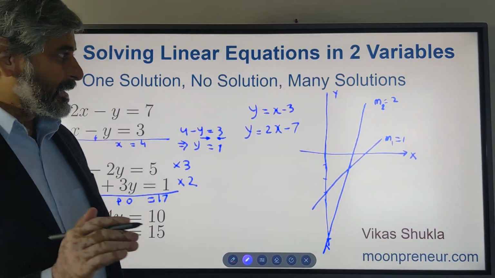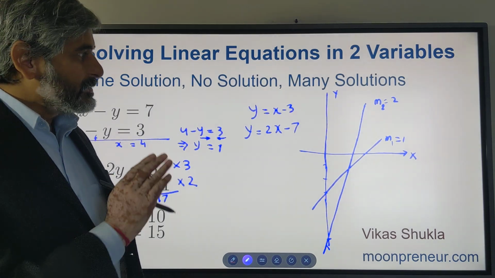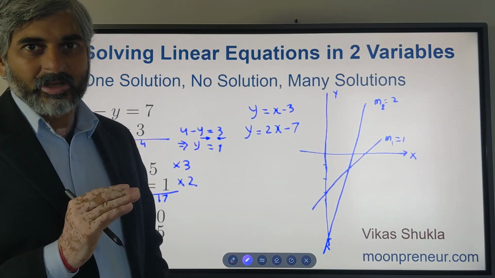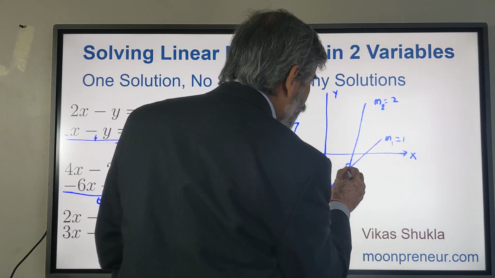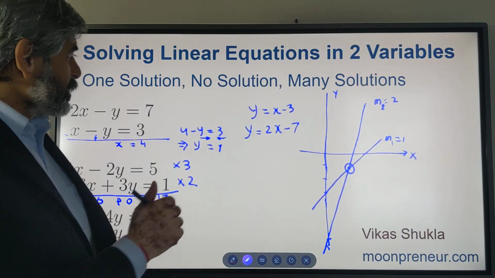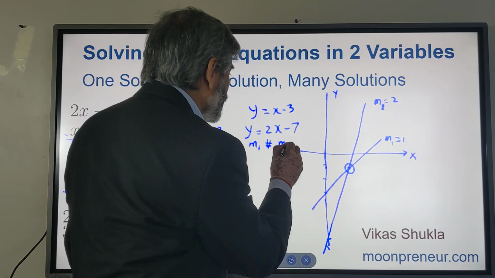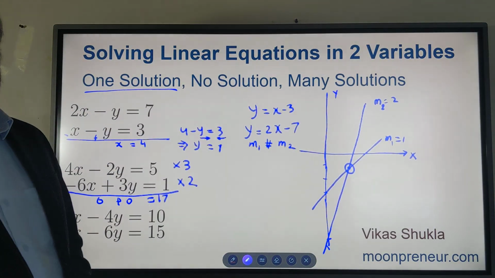What we find is that if m1 and m2 are unequal, the lines are not going to be parallel and they have to cut at some point. That is when you get one unique solution. So m1 is not equal to m2, and in that case you get one unique solution.